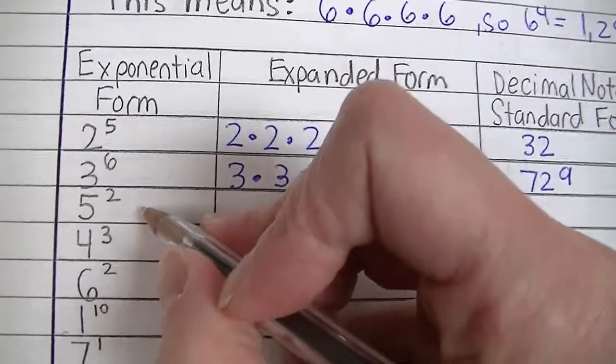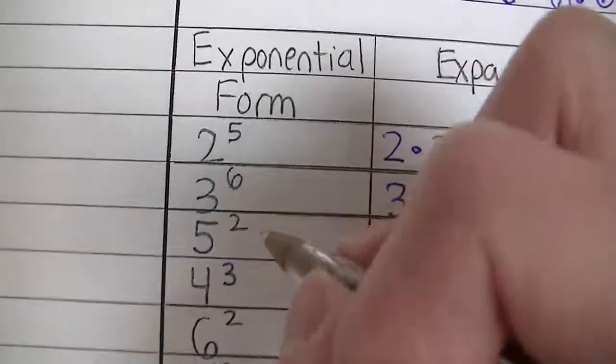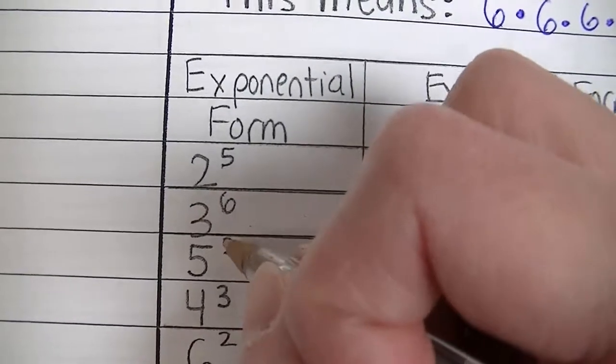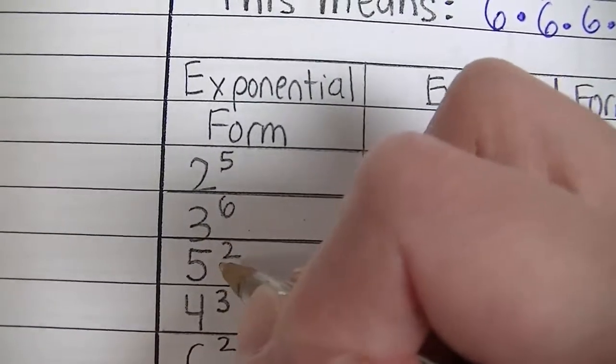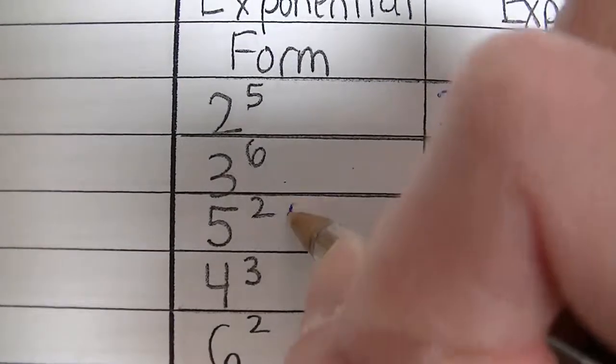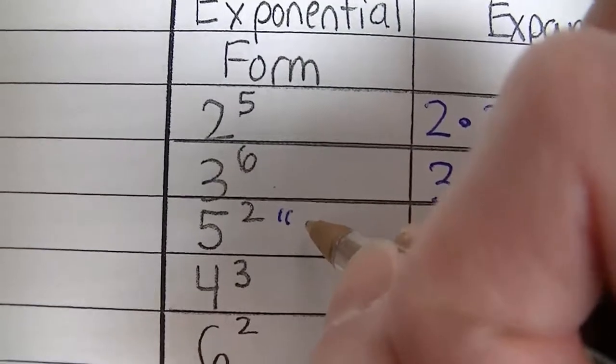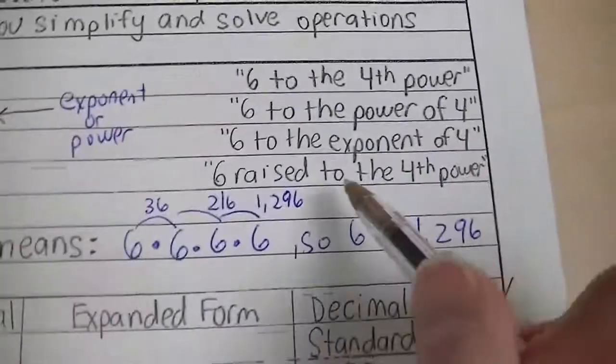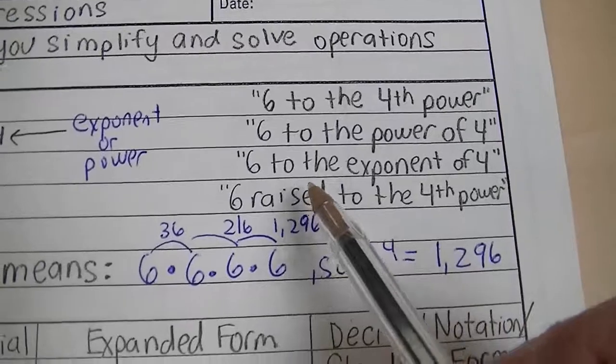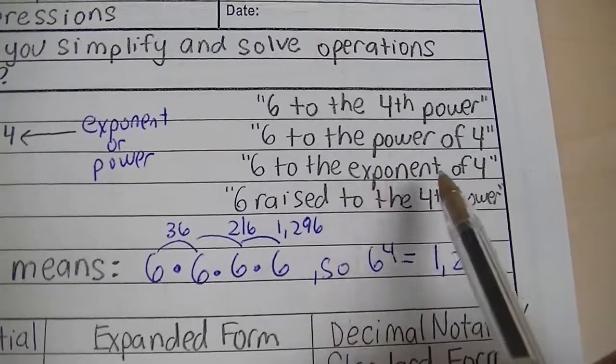5 to the 2nd power, or 5 to the power of 2. What's special about when it's raised to the exponent of 2 is you can say the word squared, okay? That's how people will be saying it quickly. They'll say 5 squared instead of saying 5 to the 2nd power, 5 to the power of 2, 5 to the exponent of 2, or 5 raised to the 2nd power.